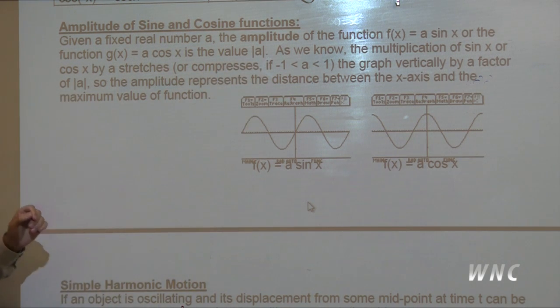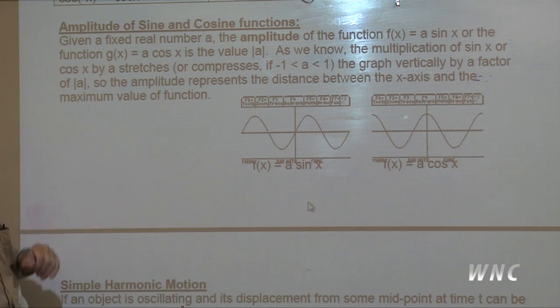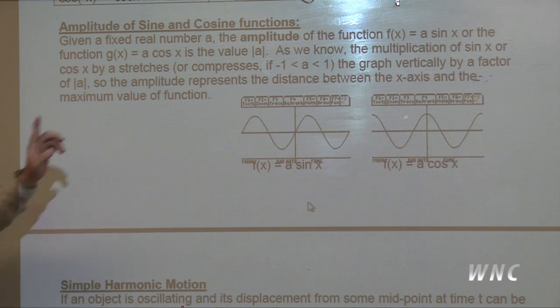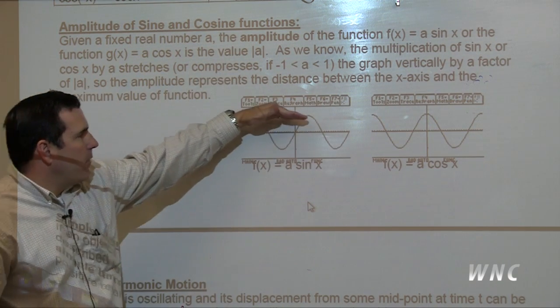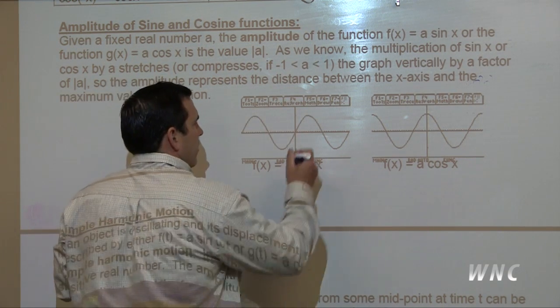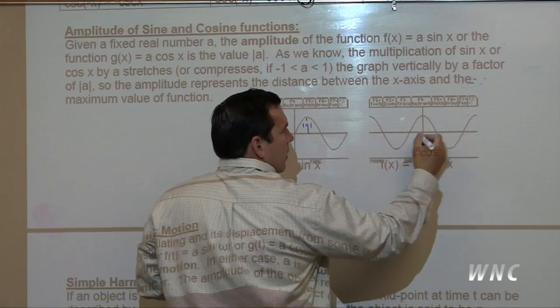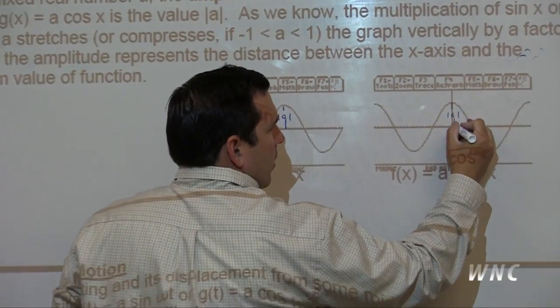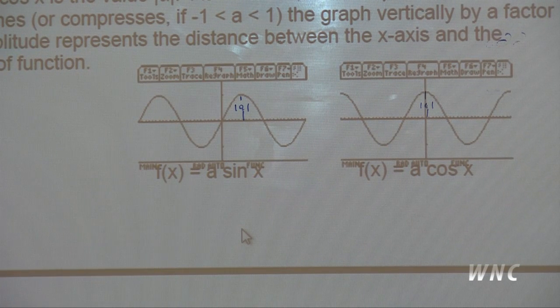As we know, the multiplication of sine x or cosine x by a stretches it if a is bigger than 1, and compresses it if a is between negative 1 and 1, vertically by a factor of the absolute value of a. So the amplitude represents the distance between the x-axis and the maximum value of the function. That's our amplitude.